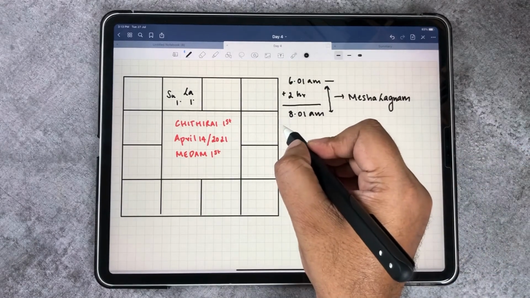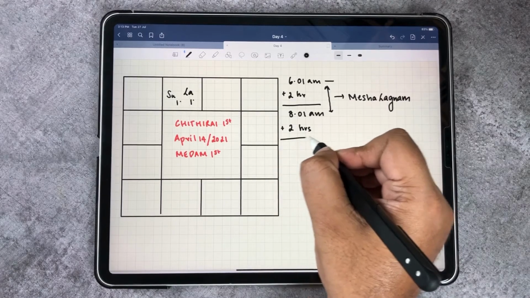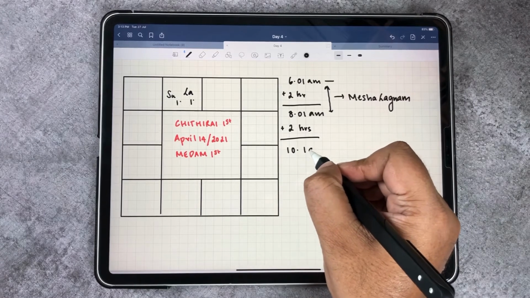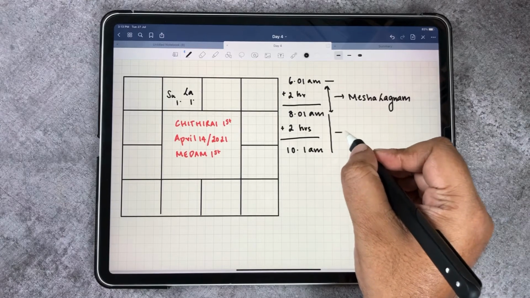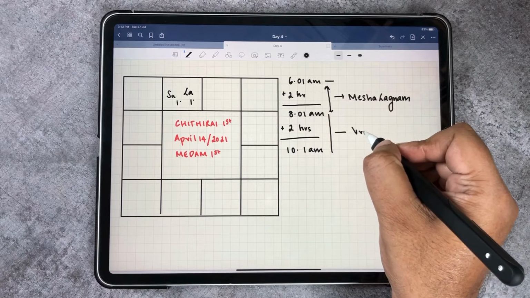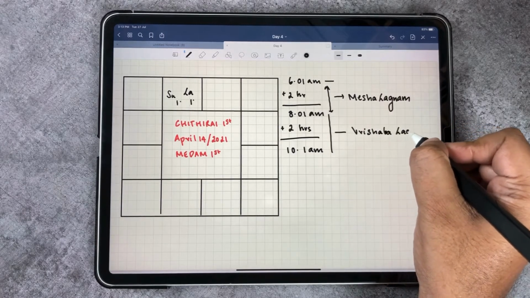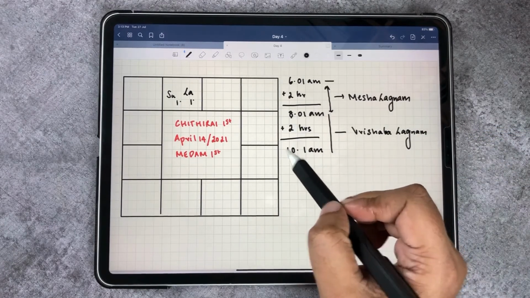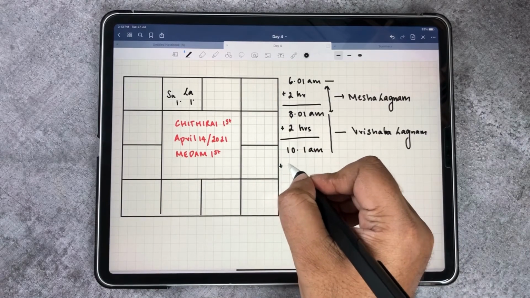Next, again you add 2 hours. So what would you have? 10:01 am. So from 8:01 am to 10:01 am, you would have the Rishabha Lagnam. Again you add 2 hours.